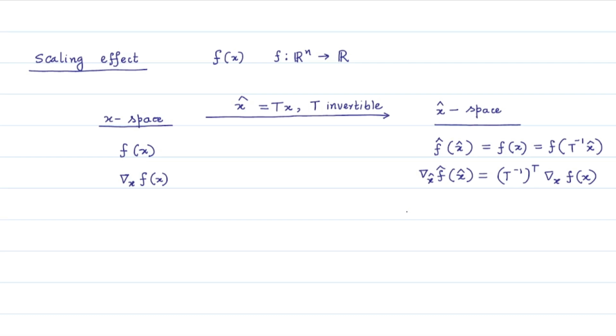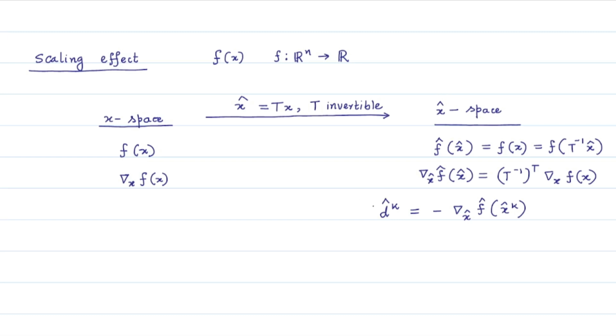And hence at the current iterate xk hat in the x hat space, the steepest descent direction, say dk hat, is given by negative gradient of f hat at the point xk hat. Here this hat is not to be confused with being a unit vector. This hat is just on the x hat space.